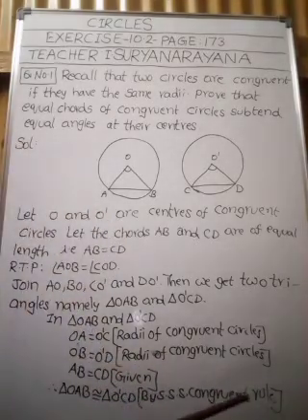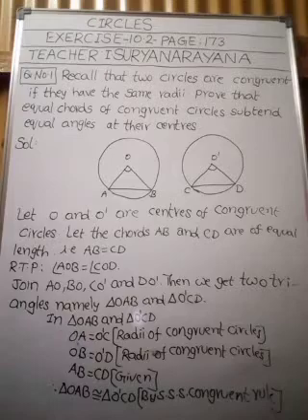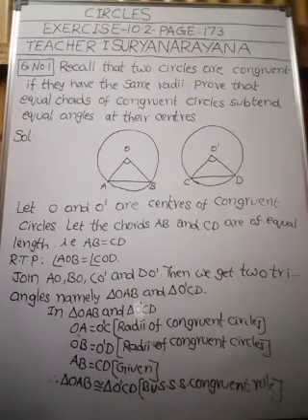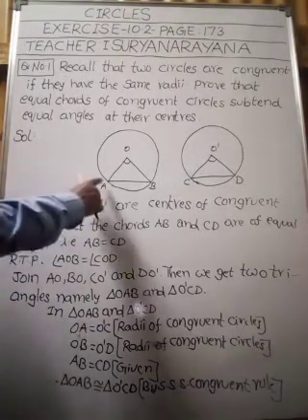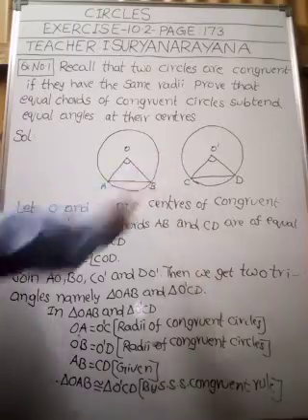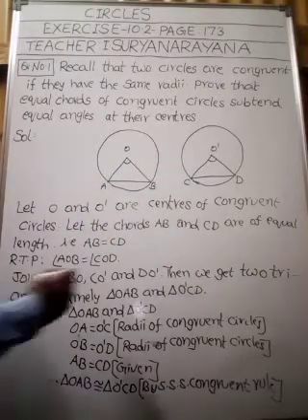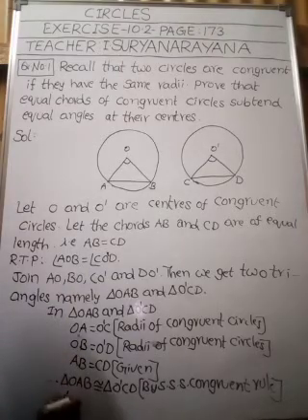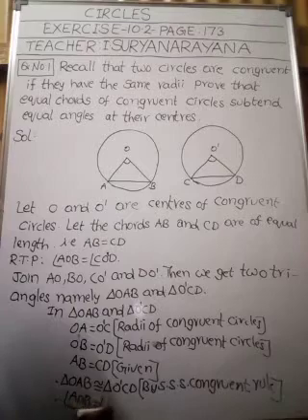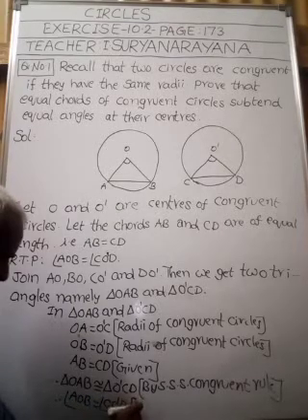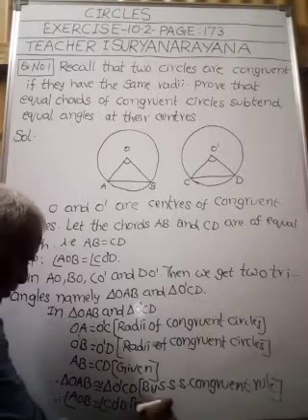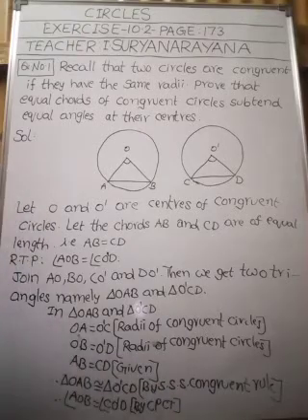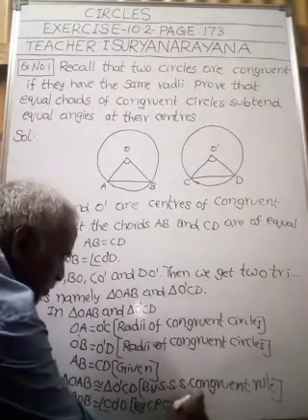Okay, my children, understood this step? Right. So angle AOB is equal to angle CO dash D. Yes or no, my children? Therefore, angle AOB is equal to angle CO dash D by CPCT. Hence proved.